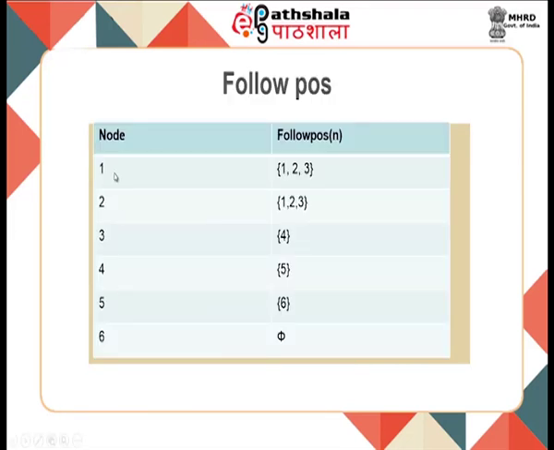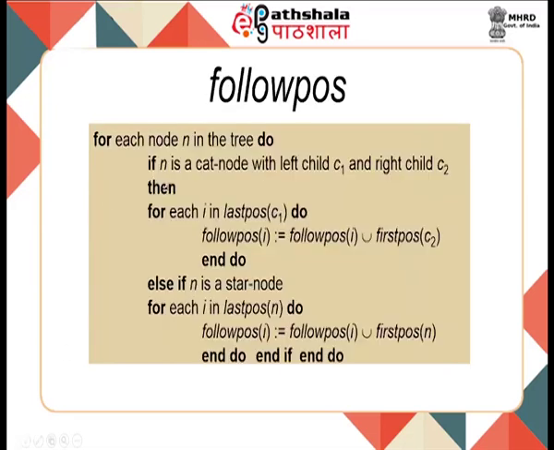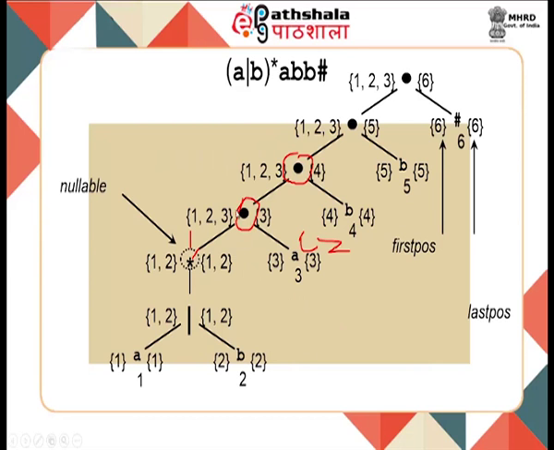So we are looking at follow position. Look at this interior node. This interior node will have 1, 2, 3 as the first and last position. Its children have 1, 2 and 3 as the first position, and last position will be 1, 2 and 3 here. So look at this, it says follow position of I. What is I actually?